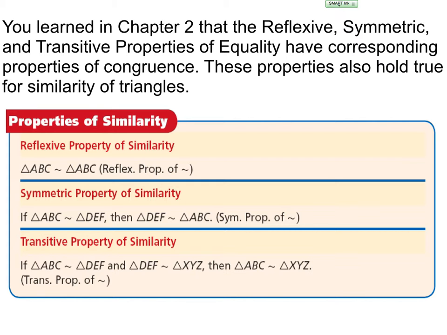The first one is a different size version of the second one, and that second one is a different size version of a third one. Would the first one be just a different size version of the third one? Yes, it would be. So those do work with similarity also. We won't do a whole lot with that, but just to point out they are true properties of similarity also.